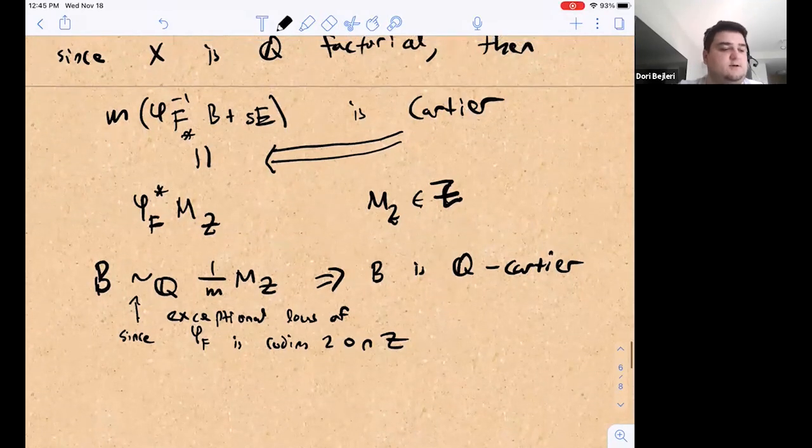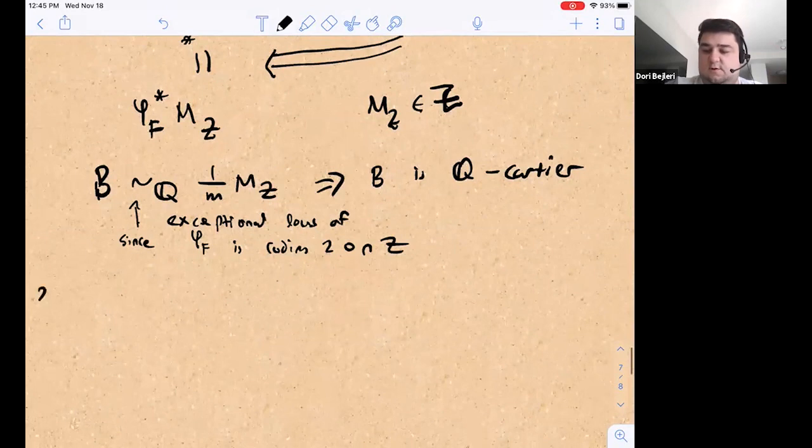Okay, so that gives us the divisorial case, and now we'll do a similar argument for the fiber space case.